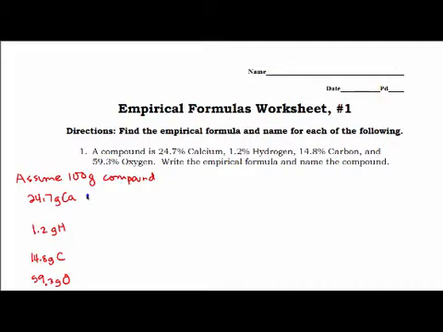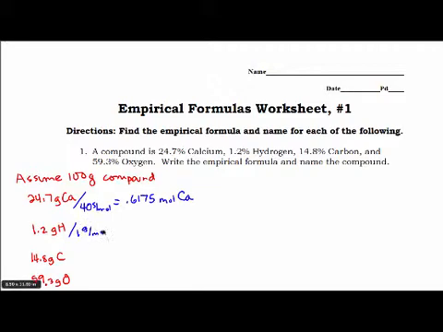Our second step in the process is to divide by the molar mass of each of these. Calcium has a mass of 40. You get 0.6175 moles of calcium. You see how your units work out? My grams will cancel and my moles will flip to the top. It's really easy to do this next one.